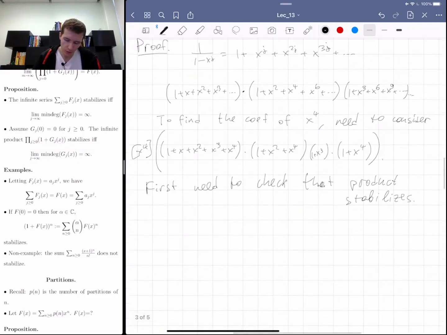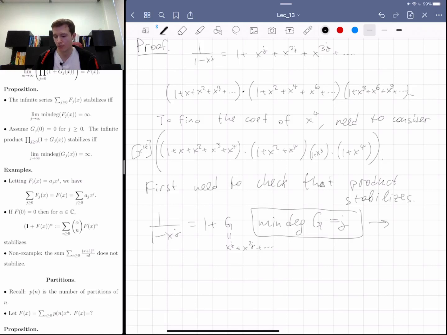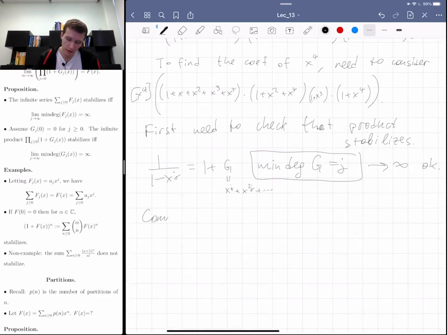So if you write 1 over 1 minus x to the j as 1 plus g, then the minimal degree of g is going to be j, because g is equal to x to the j plus x to the 2j plus etc. So this goes to infinity, and therefore the product stabilizes to some valid formal power series. Next, I have to compare the coefficients of x to the n on both sides.